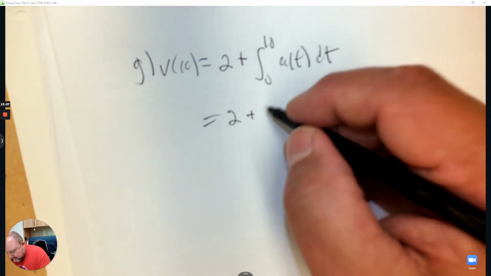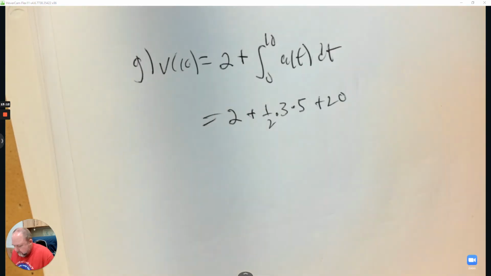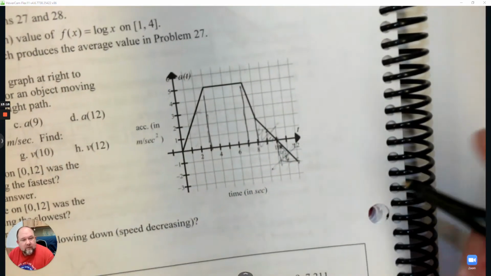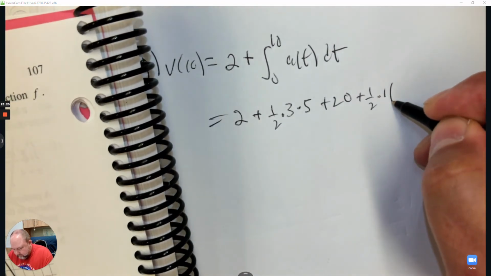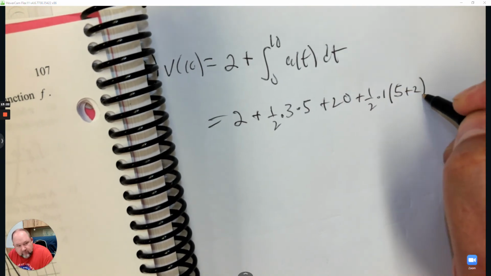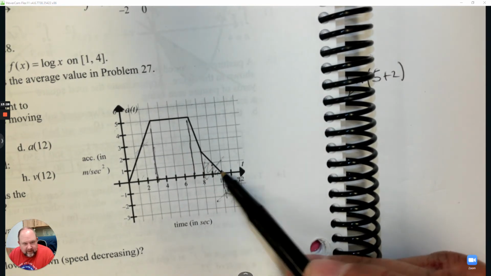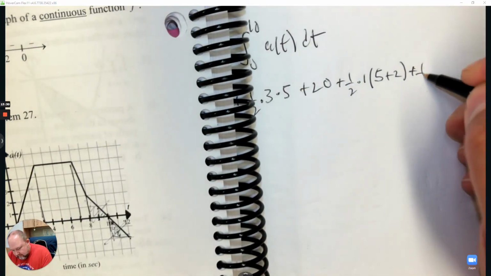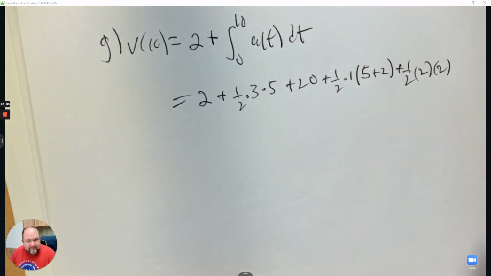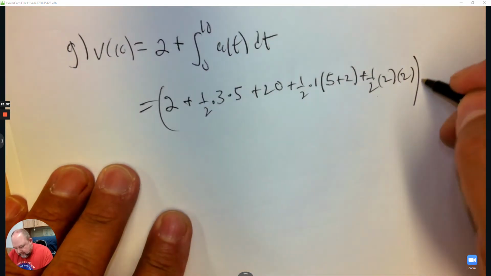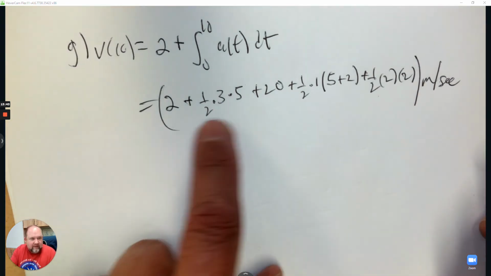So far we know this part, and that trapezoid. And then to 10, you have this triangle you need. All of it's above, so half the base times the height. And there it is, in meters per second. And again, just put parentheses in the unit and you don't have to simplify that.